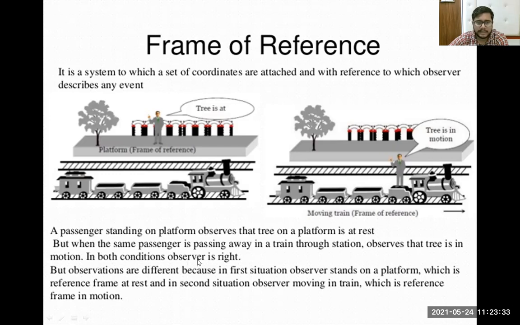In both conditions the observer is right, but the observations are different, because in the first situation the observer stands on a platform, so the frame of reference is at rest, and in the second situation the observer is moving in a train, which is a frame of reference in motion. Therefore the tree is at rest in the first case and in motion in the second case.